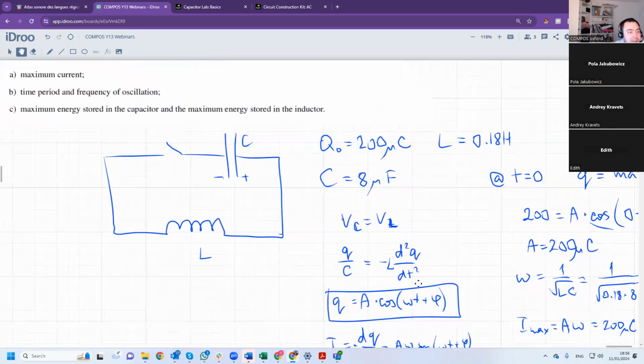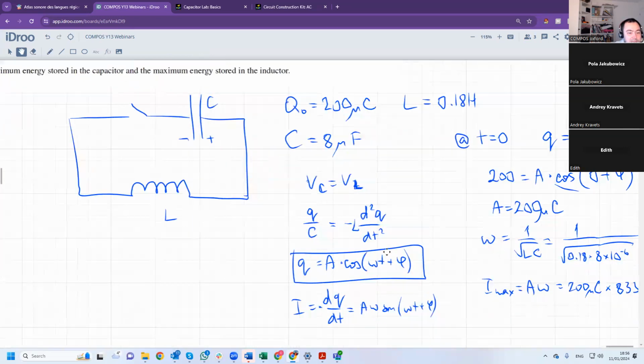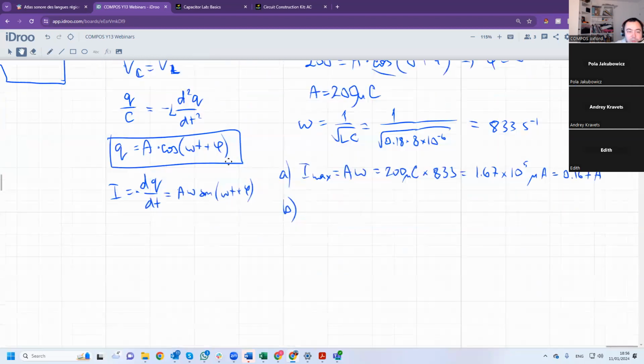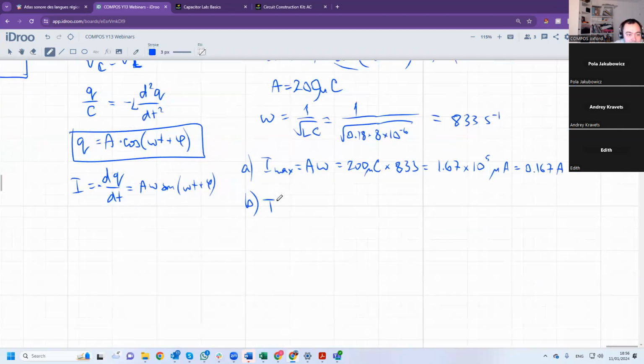Okay, and then what are we? The time period and frequency. So A is the maximum current, B is the time period. Well, we know omega, so we can work out the time period. Time period is 2 pi divided by omega, which is 2 pi divided by 833.